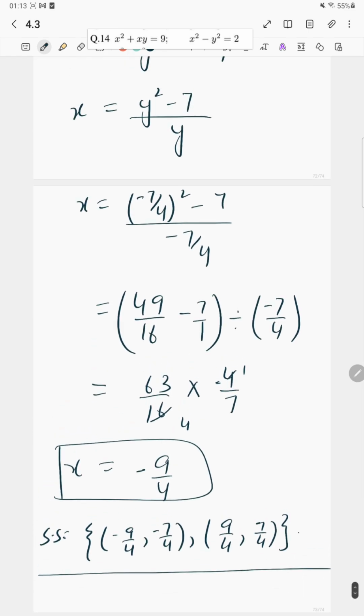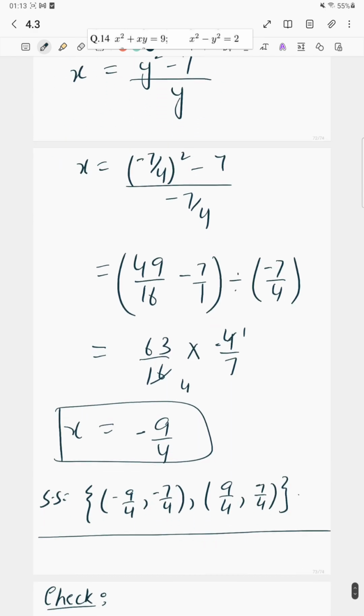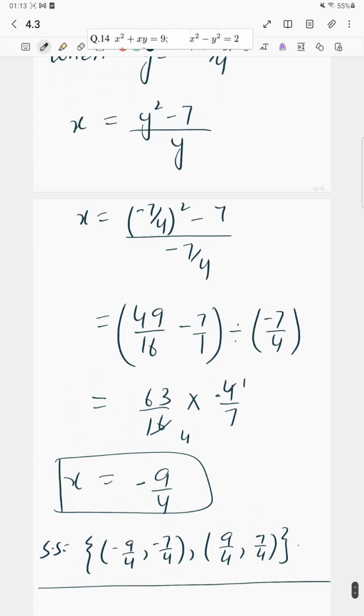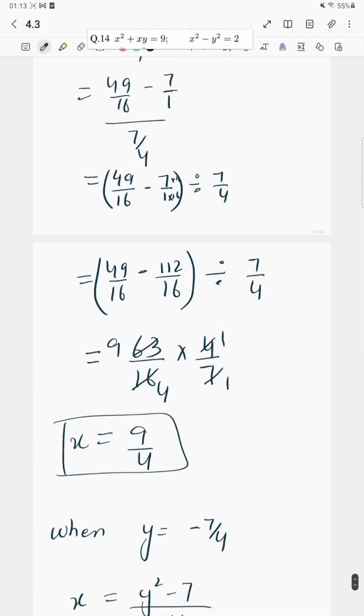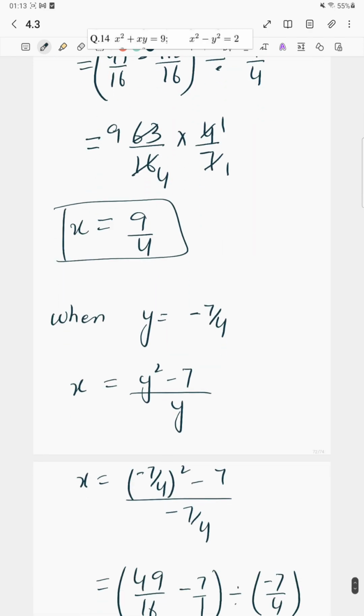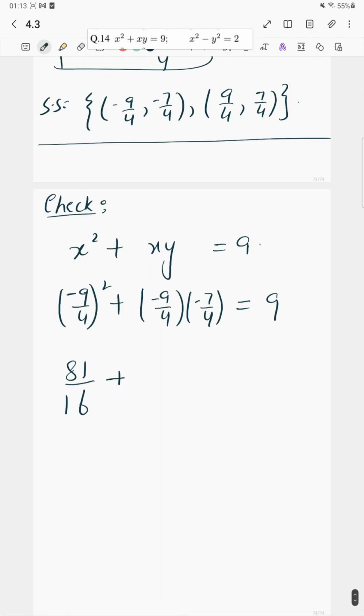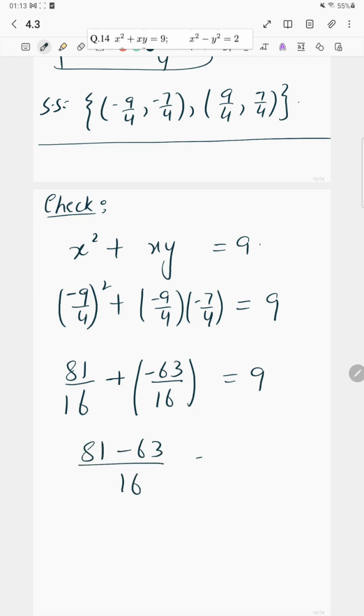When x is minus 9 by 4, y was minus 7 by 4. When x is 9 by 4, y was 7 by 4. Okay. So it's minus 63 by 16. So it's 81 minus 63 over 16.